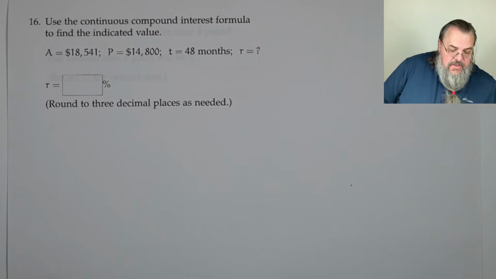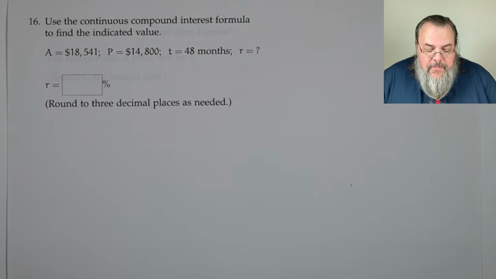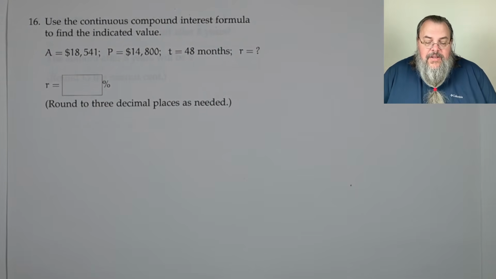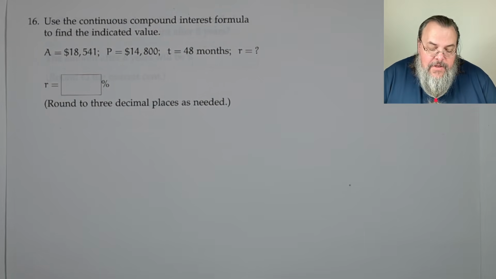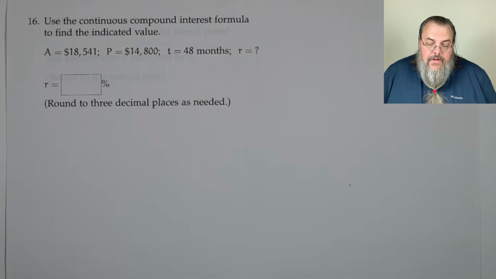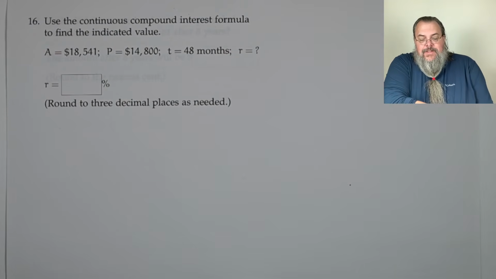Number 16. Use the continuous compound interest formula to find the indicated value. So we have A is 18,541, P is 14,800, T is 48 months, and R is something.